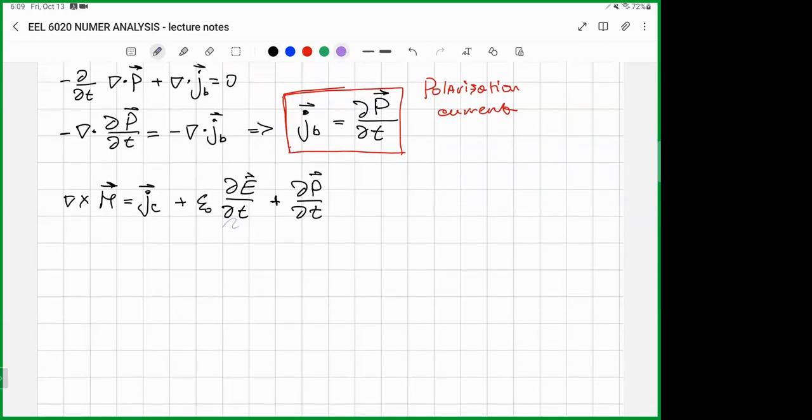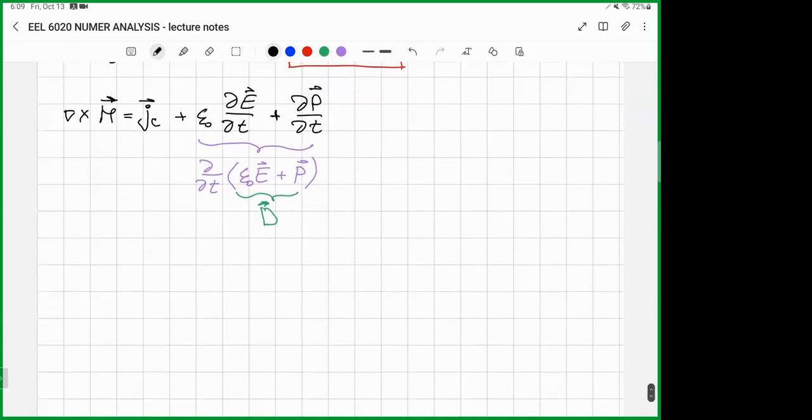And I can look at these two, and can I combine both? Yes, because this is simply the time derivative of epsilon 0 E plus P. And this guy in the parentheses is nothing but the vector D. Right?